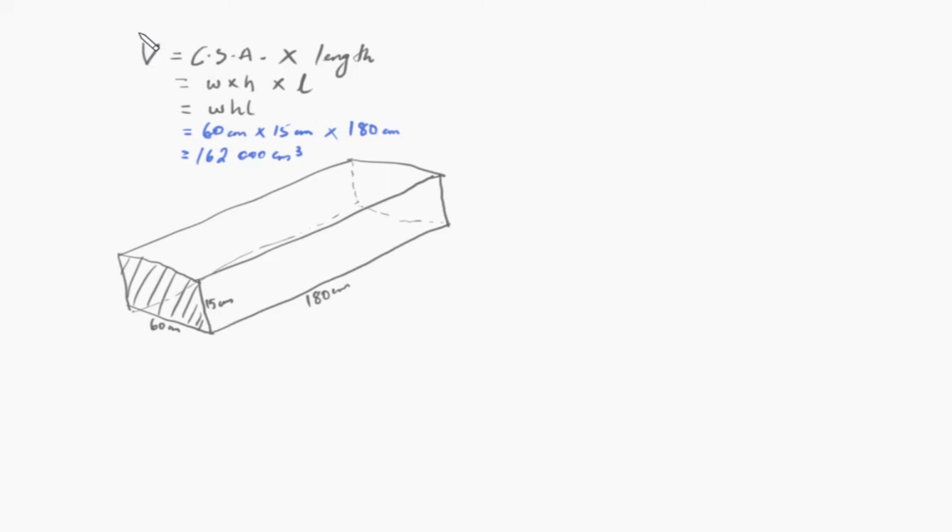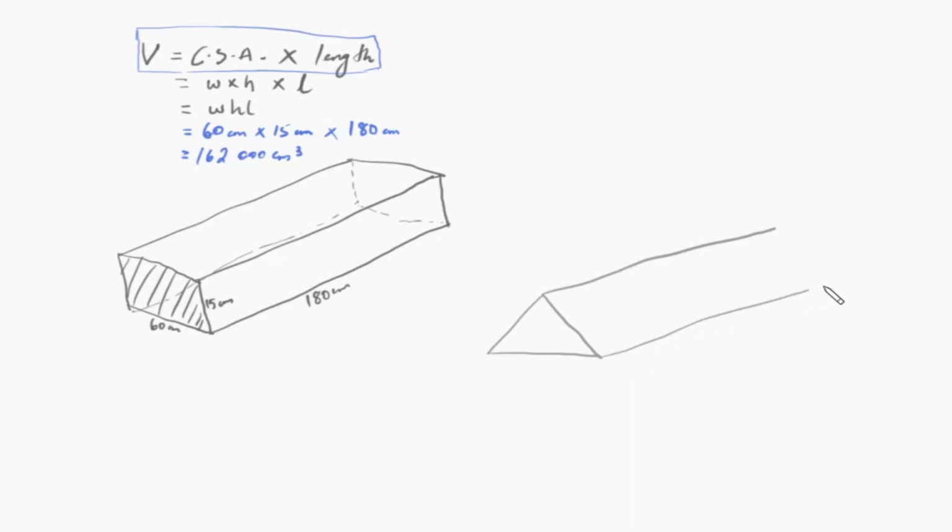If you can just remember this, volume is equal to cross-sectional area by length. Let's say you had this shape here.